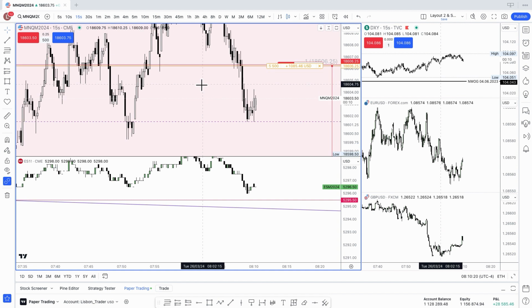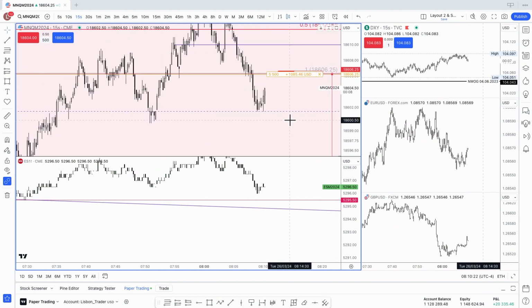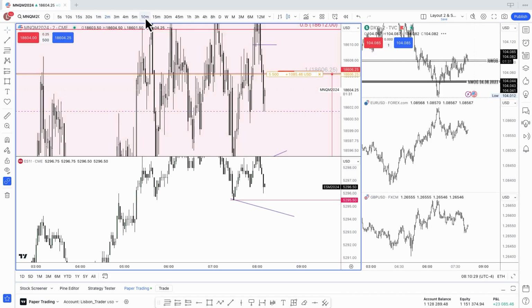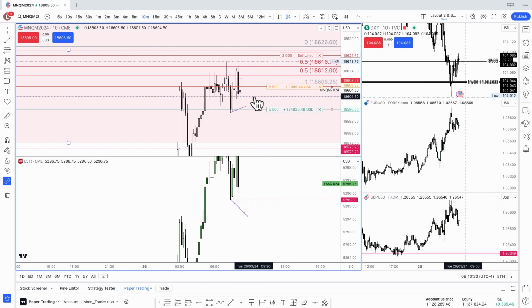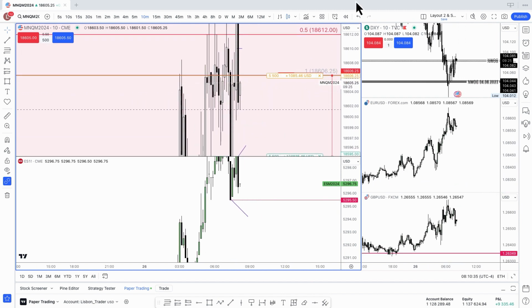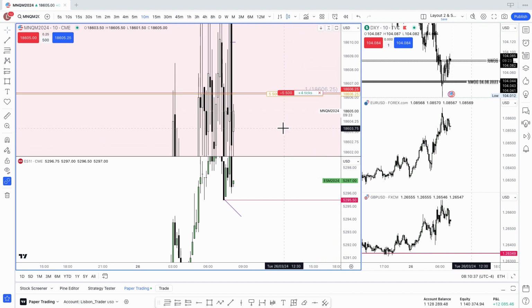Still at break even. Do not want to risk with such a large position. Finding support at this level. Might want to tag me.